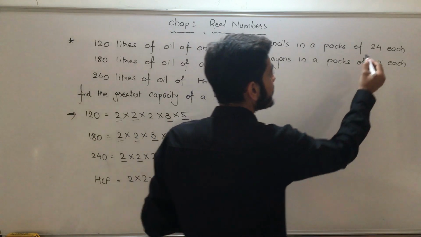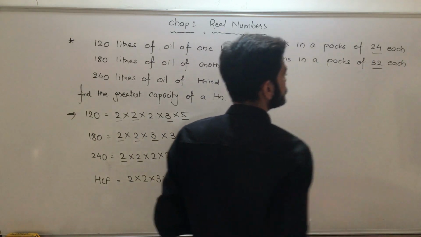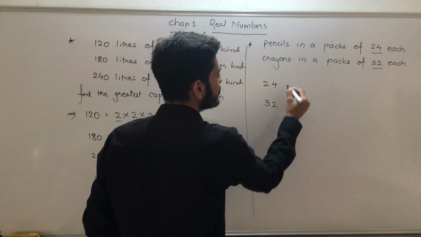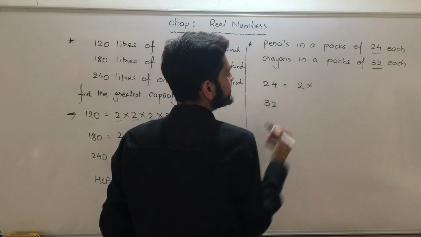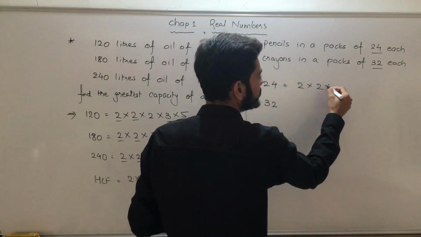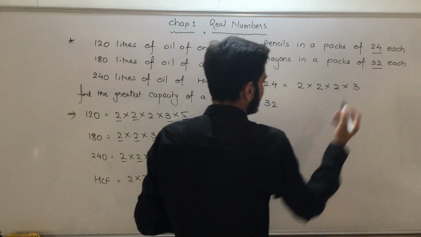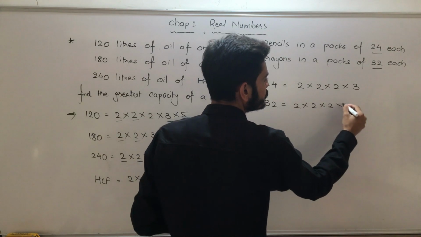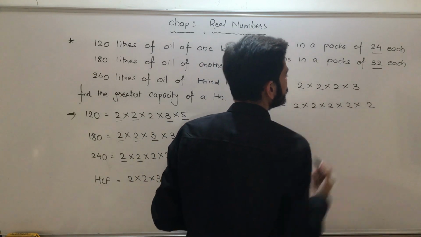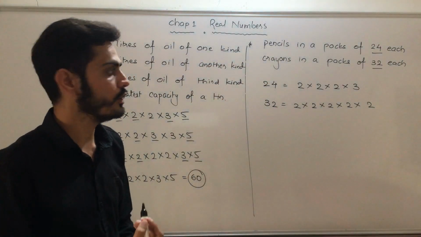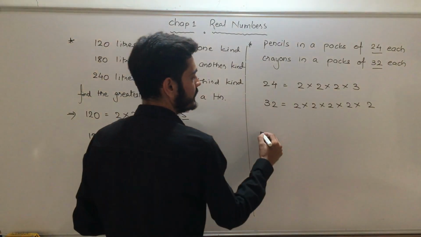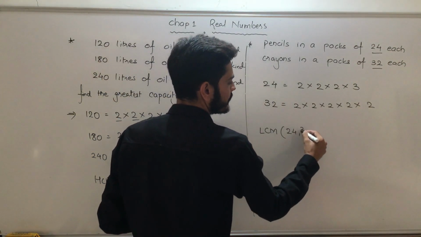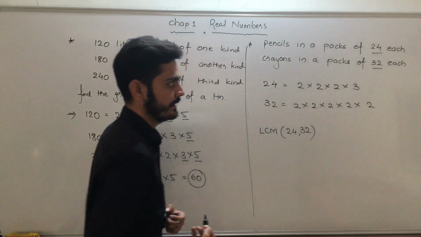So we need to find the LCM of these two numbers, 24 and 32. 24 is 8 3s, so 2 into 2 into 2 into 3, and 32 is 2 into 2 into 2 into 2 into 2. This is the prime factorization of 24 and 32.